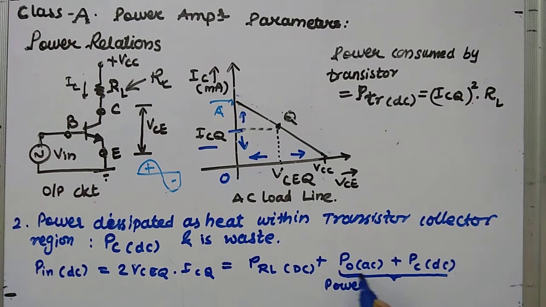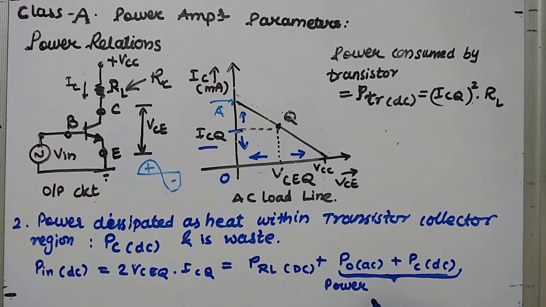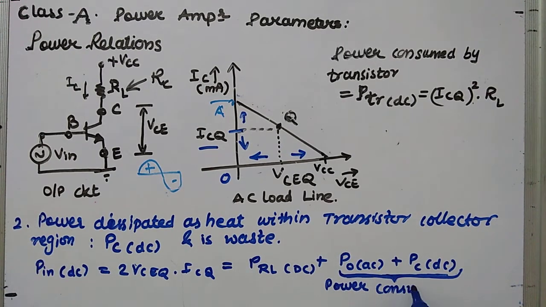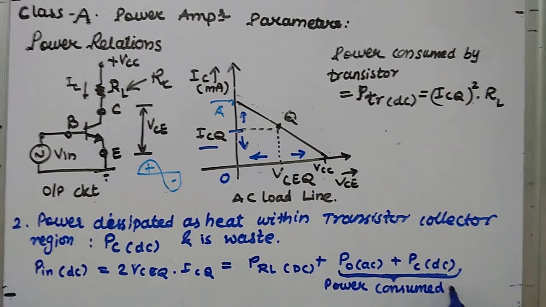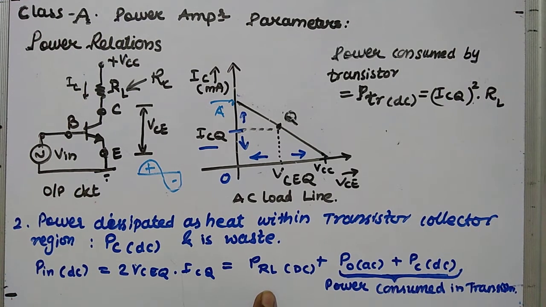So this is power. It is not the ratio. I am indicating what these two values indicate. So this indicates the power consumed in the transistor. And what does this indicate? This indicates the power consumed at RL.